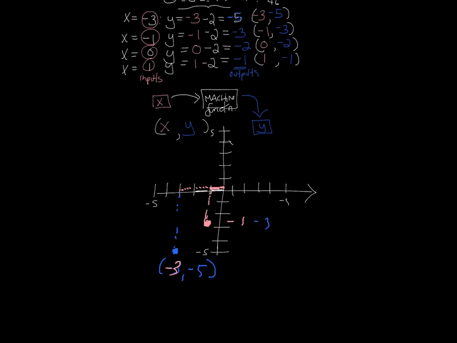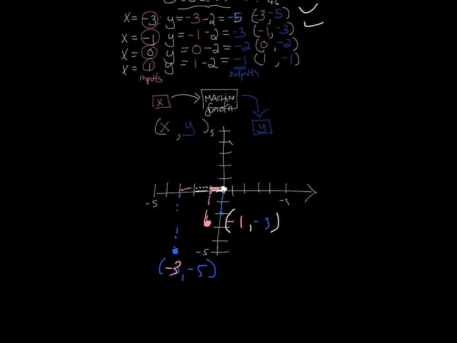That's your -1, -3. -1 is right there, and that's the ordered pair. And the next one is 0, -2. Well, if x is 0, we're starting at the origin. It's still at 0. That means it's not moving to the left or to the right, and then -2, I'm going down 2 units.